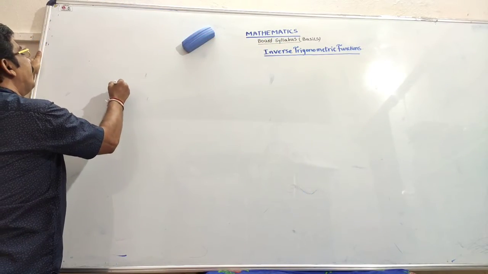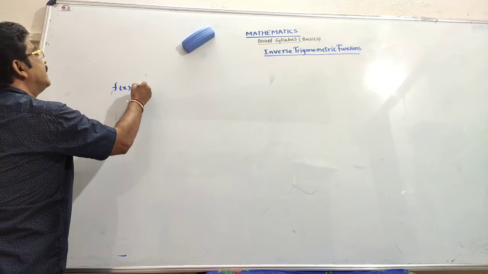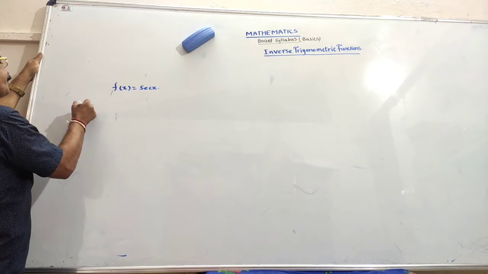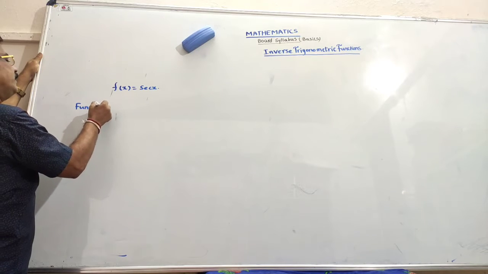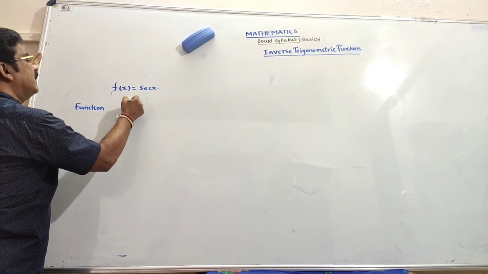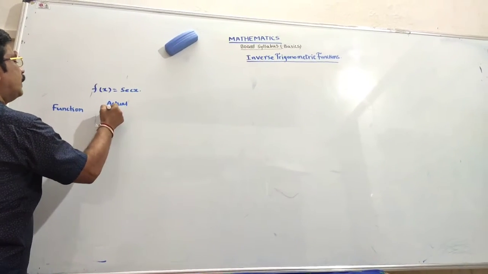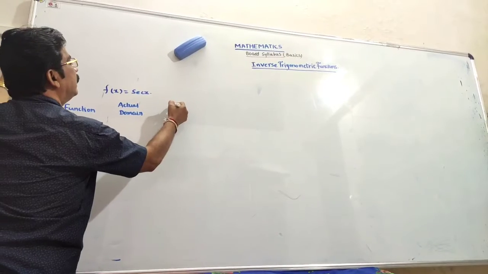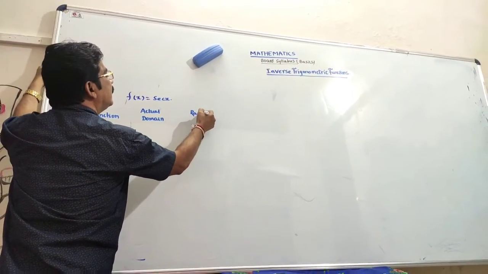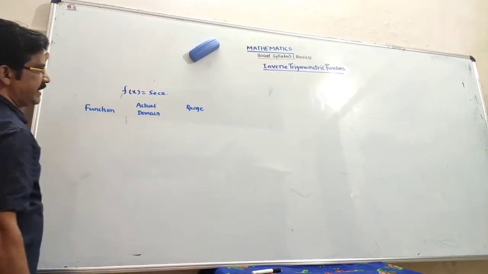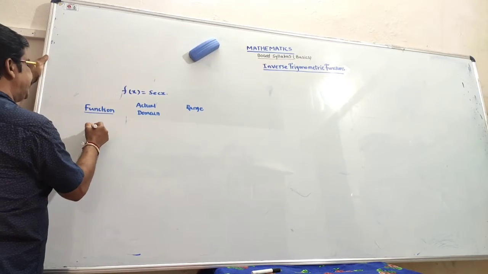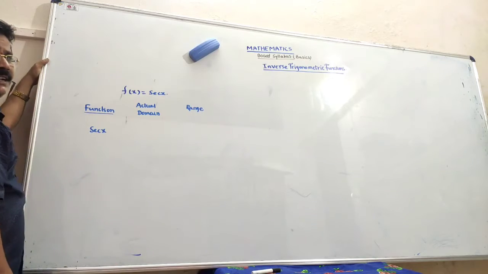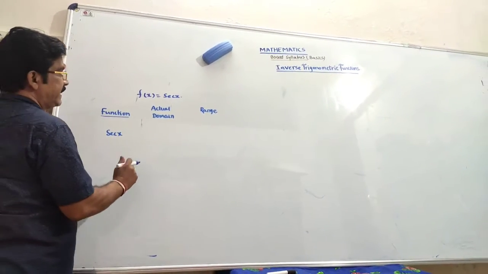Let us take f of x equal to secant x. Function, actual domain, next range. First we will talk about the natural function secant x.